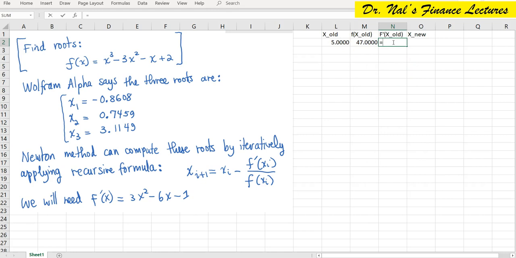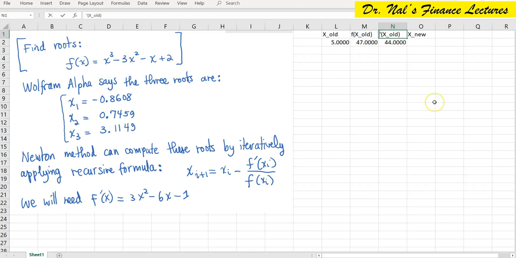All right, also we need to calculate f prime, the derivative of our function, evaluated at the old point 5. The derivative is given here as well, so it is 3 times this squared minus 6 times that minus 1. That would be the f prime.